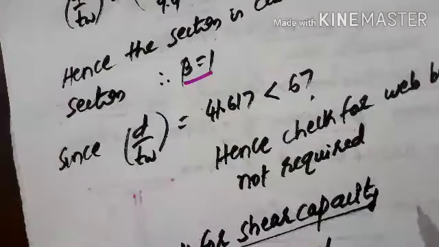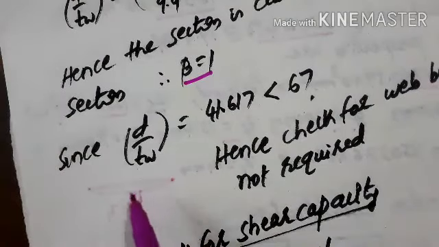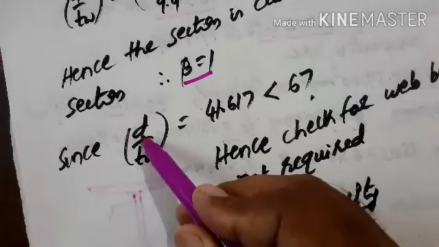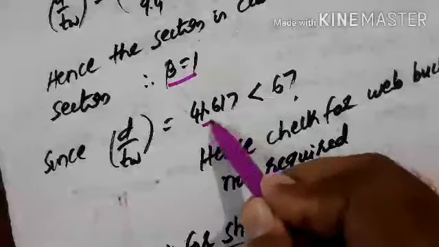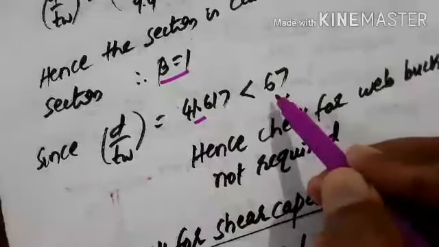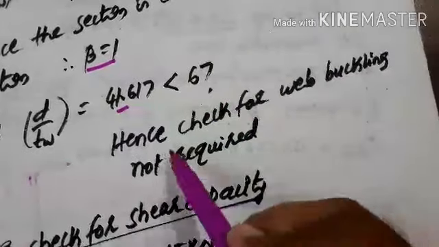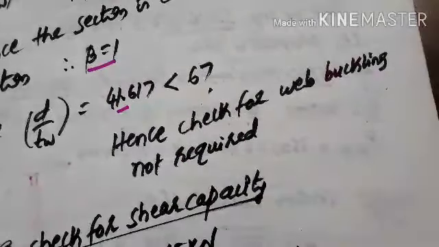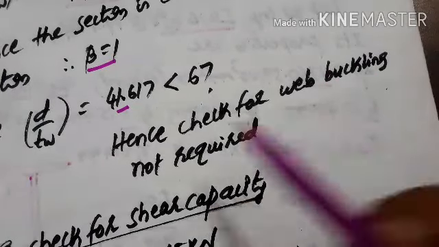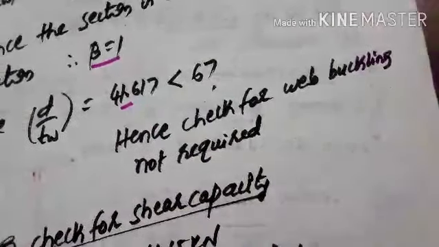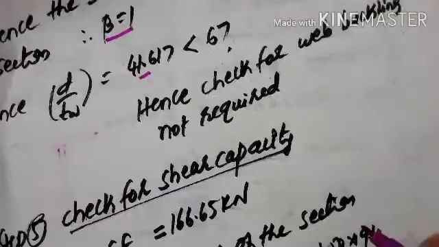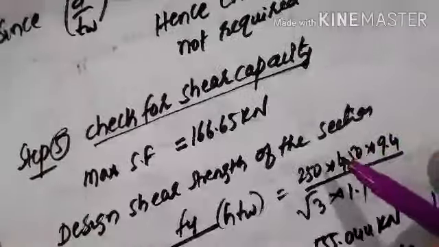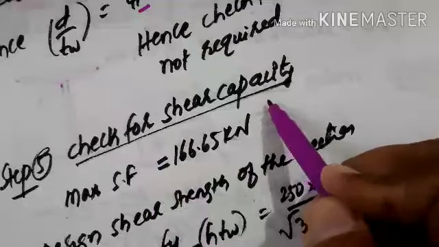One more check we need to do here itself, that is the ratio of depth of web to thickness, 41.617, which is less than 67, which means the check for web buckling is not required. If it is more than 67, then we need to do the check for web buckling.